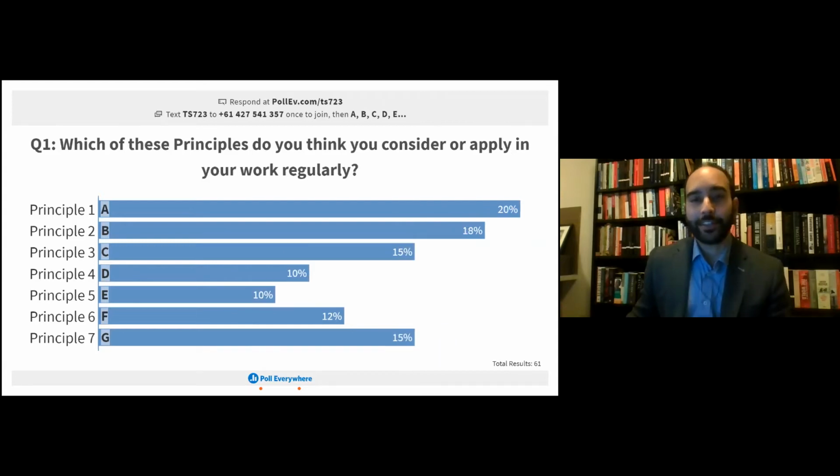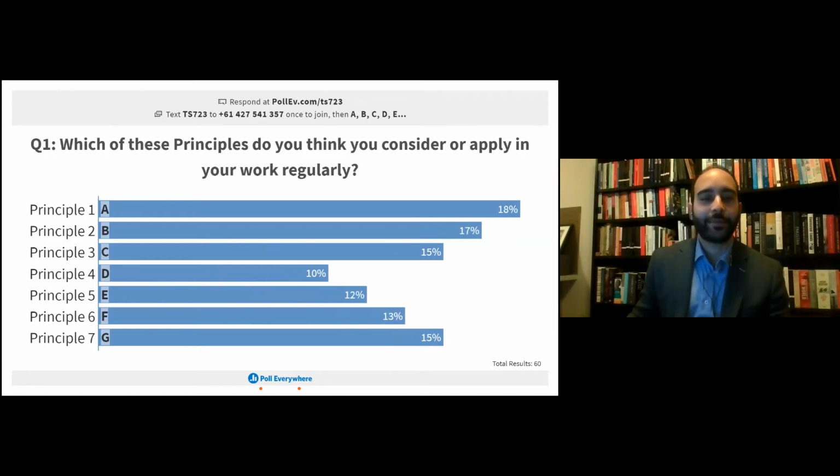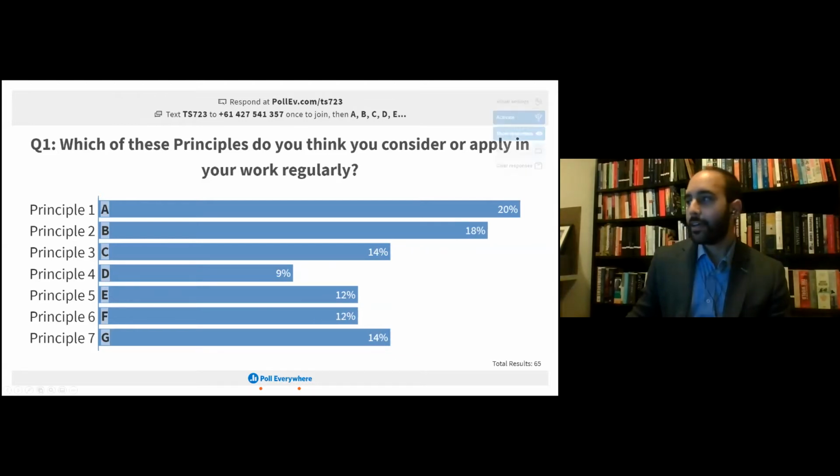And I haven't gone into any of these principles, so you're doing this based on, I guess, your best understanding of those, which is what I would like to know at this stage. Yeah, 6 is about being transparent, and 7 is about verifying the results. Excellent. I think we've got most people there, so I might move on at that point.